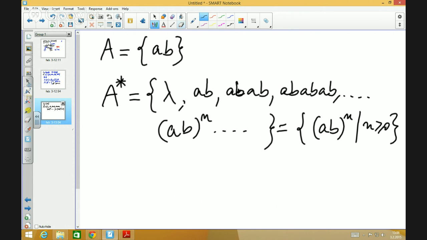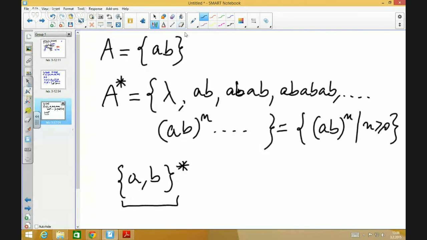You might recall that we already have seen this star. For instance, we said that the set of all strings over A and B is {A, B} star. Now, does this match with our definition? Well, sure it does. It's the same thing. What I've said is that, first of all, this is a language. It's not just an alphabet.